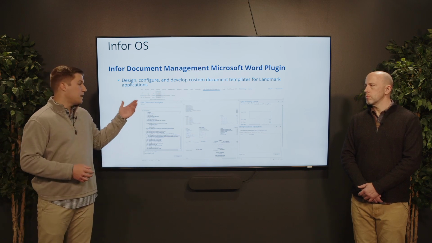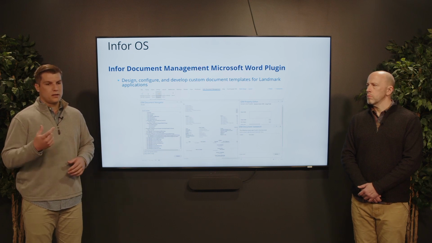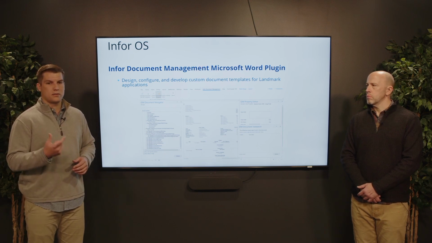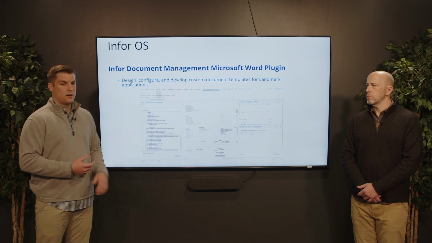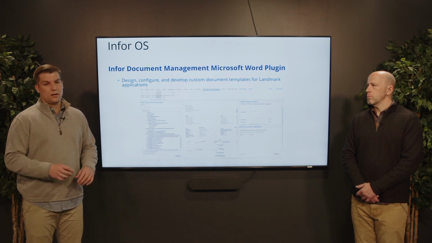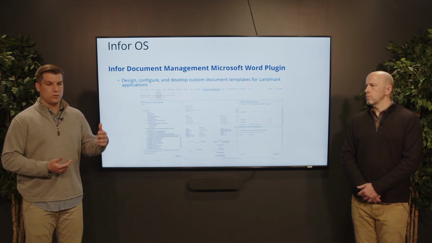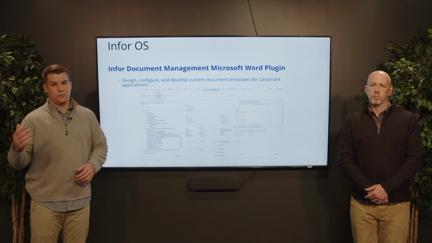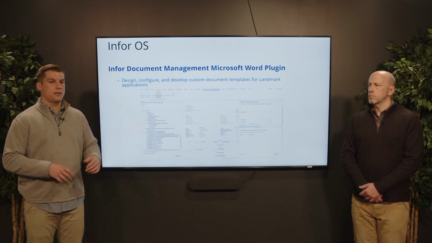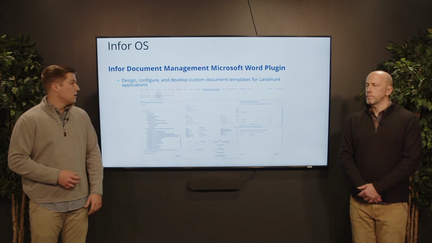With this generate test PDF, the XML that you can actually download right from CloudSuite comes with fake values for all of these XML tags. So with the generate test PDF, I can make a change as a developer, generate the PDF, and immediately get feedback on whether or not my change looks correct, rather than having to, like I said, go through, update everything, push it into the system, regenerate the record, and go about it that way.